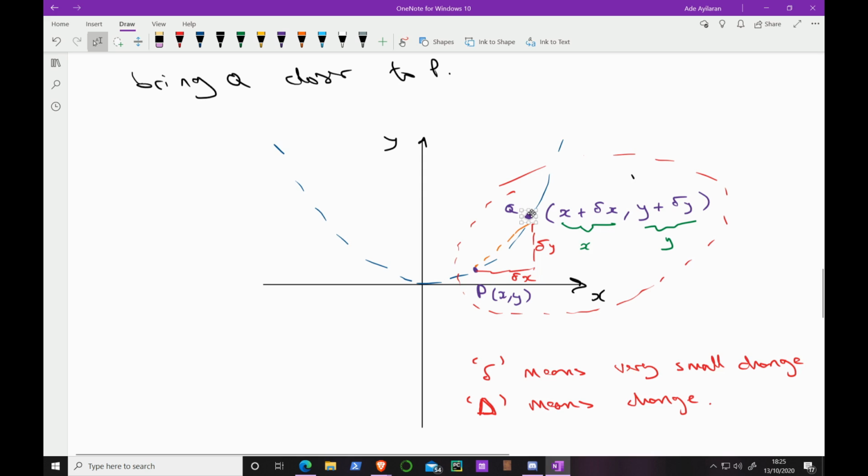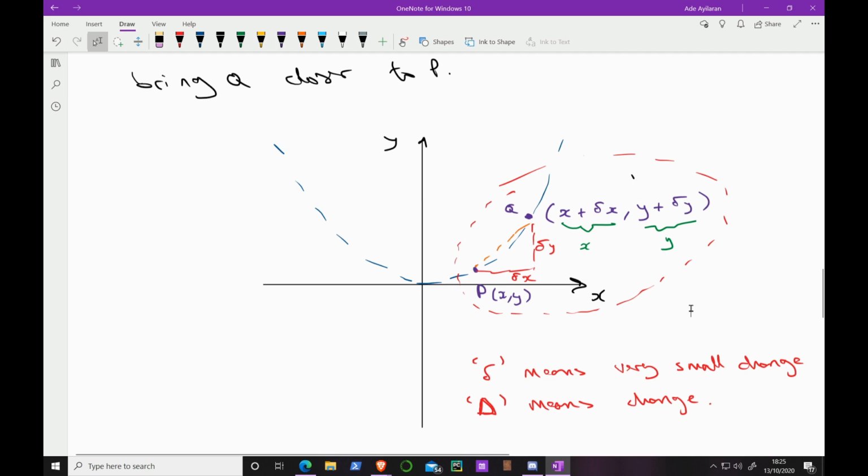If I had Q and we worked out the gradient of the line between P and Q, and we got a number, and that number was okay, but we can make it better, what do I have to change about Q to make the gradient better?